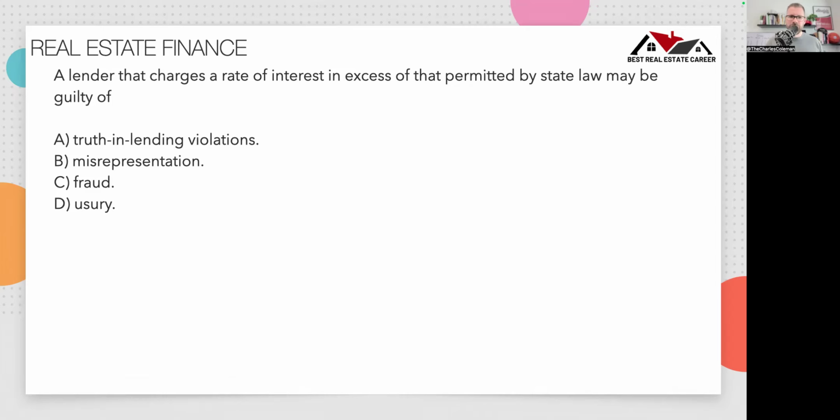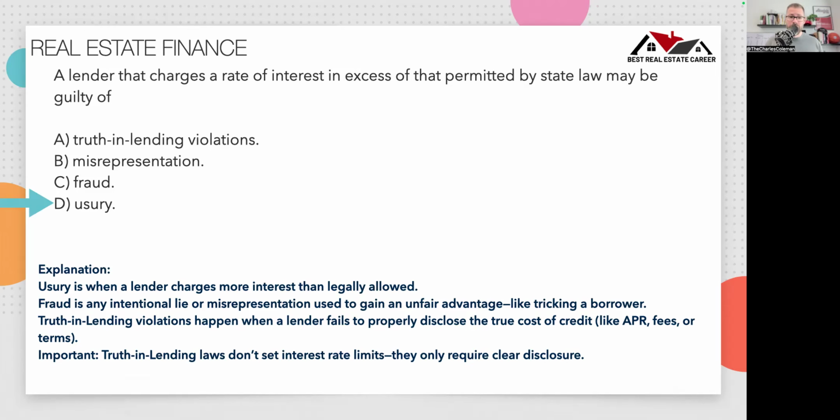A lender that charges a rate of interest in excess of that permitted by state law may be guilty of usury. Usury is when a lender charges more interest than legally allowed. Fraud is an intentional lie or misrepresentation used to gain an unfair advantage, like tricking a borrower.